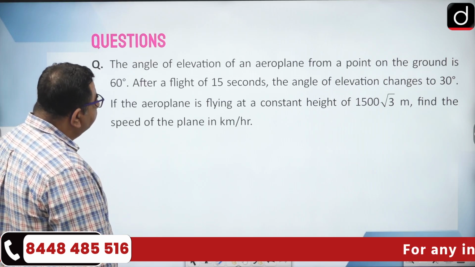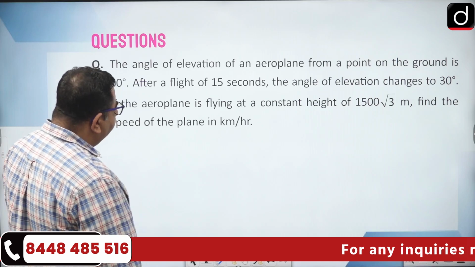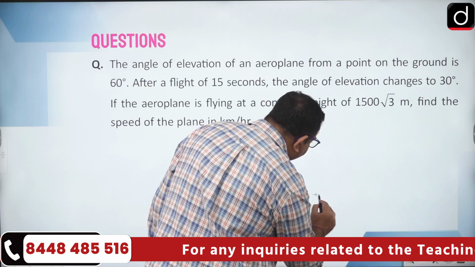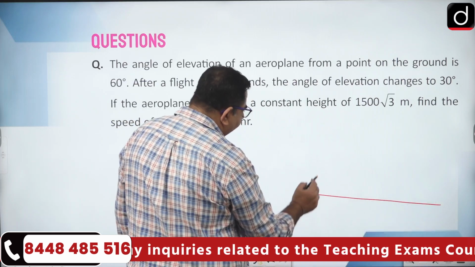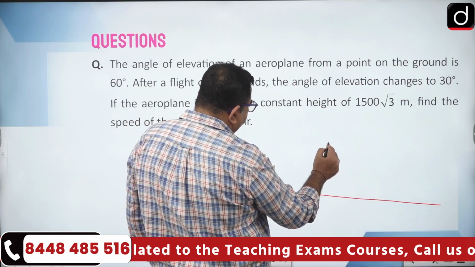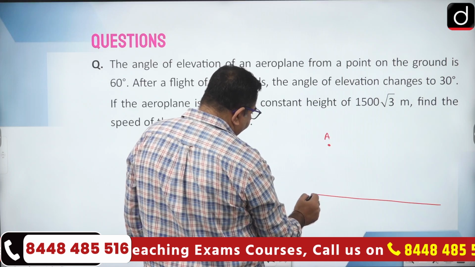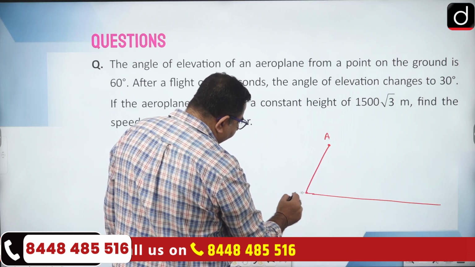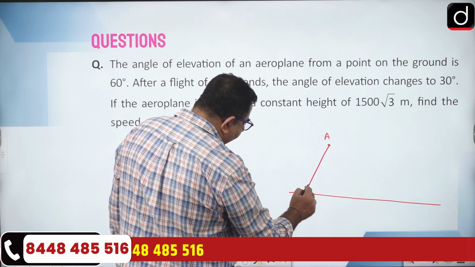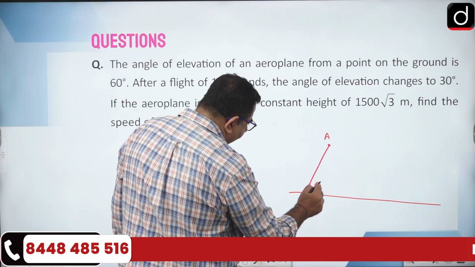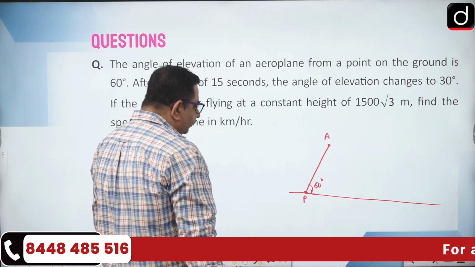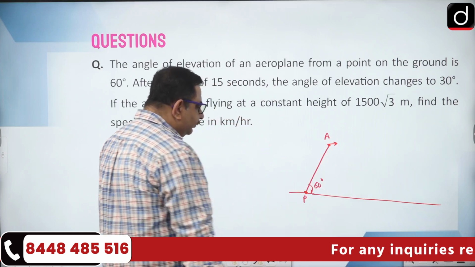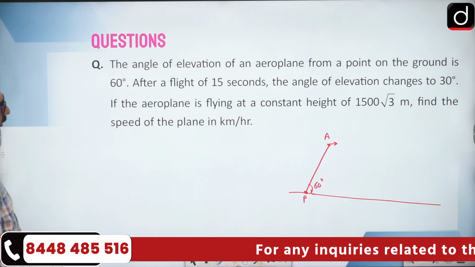the angle of elevation of an aeroplane from a point on the ground is 60 degree. So suppose this is ground, this is aeroplane A, and the angle of elevation from a point P is 60 degree, right? So this is aeroplane moving in that direction. Okay.